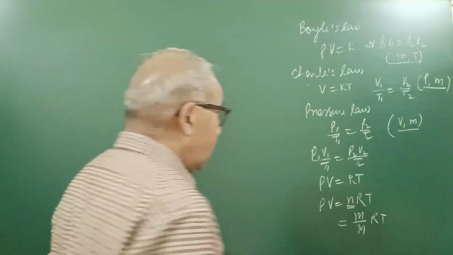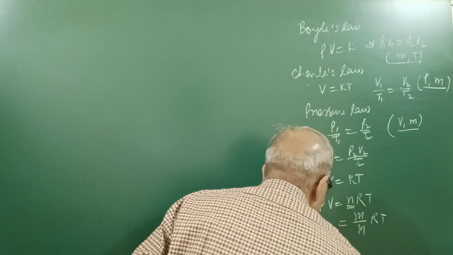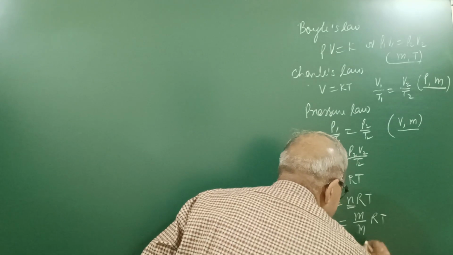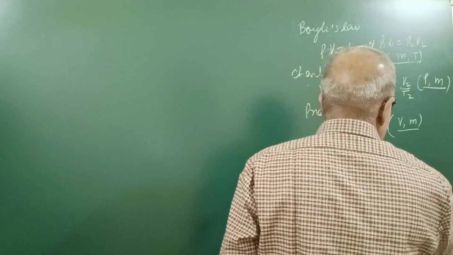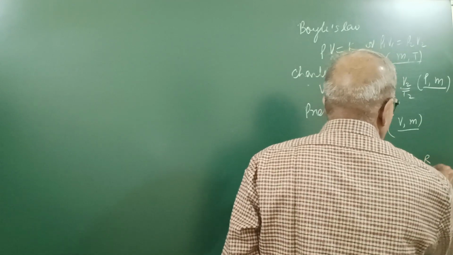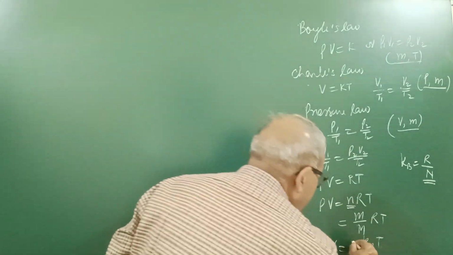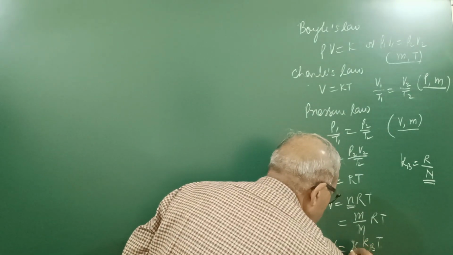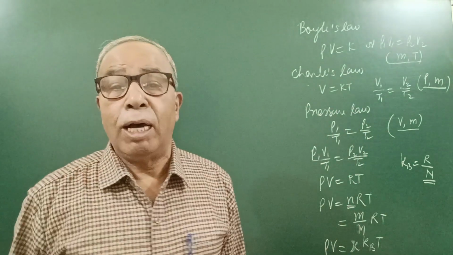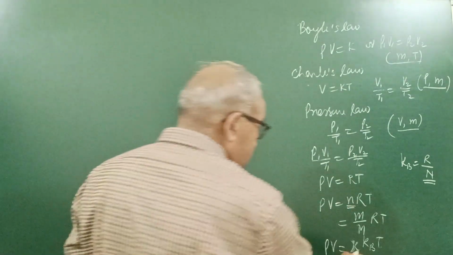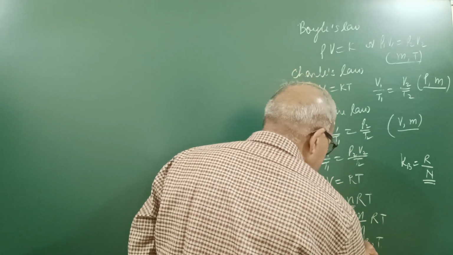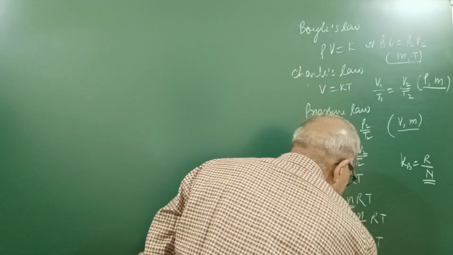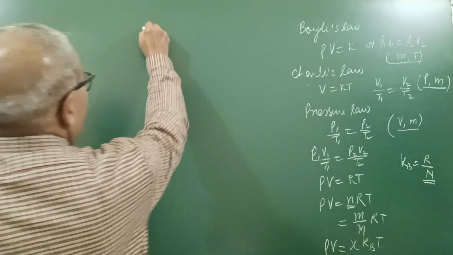This equation can also be written as PV equal to X kBT, where kB equal to R upon N. Here N is Avogadro number and X is the number of molecules in the given mass of gas. In books it is also written as N, but I have taken X. What is X?